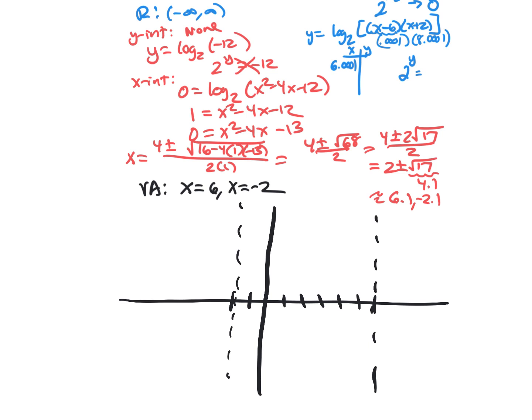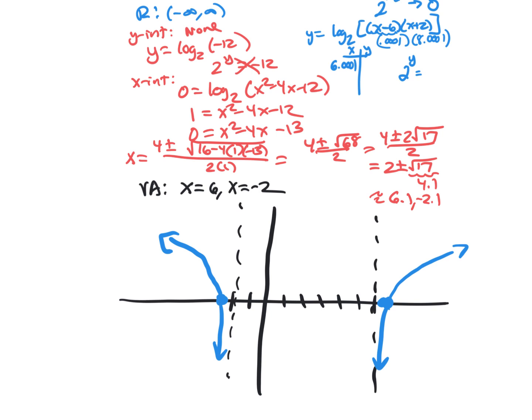So I'm on the outside here. I've got about 6.1. Actually, it's even closer. And negative 2.1. And remember, log graphs have slow growth. You can plot points, but honestly, there's no need. Just recognize the fact that log growth is slow. We just want that general shape.